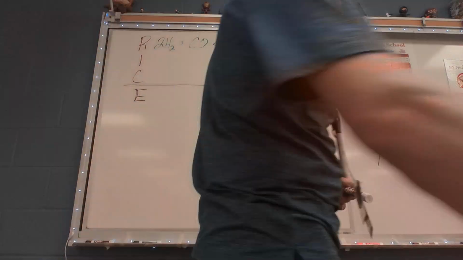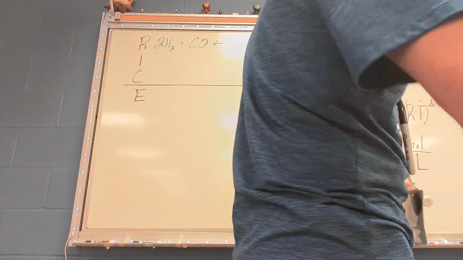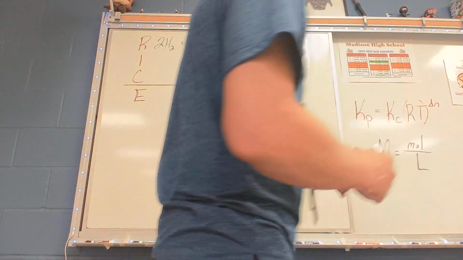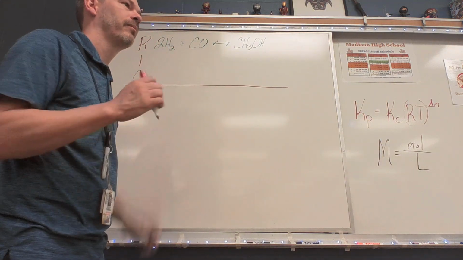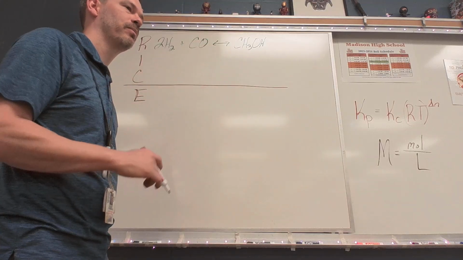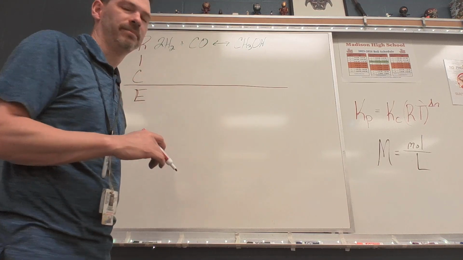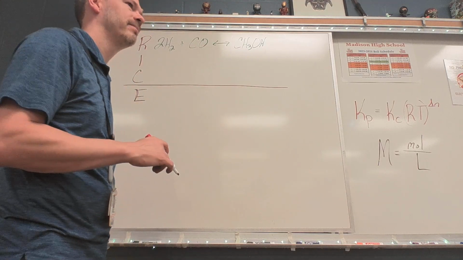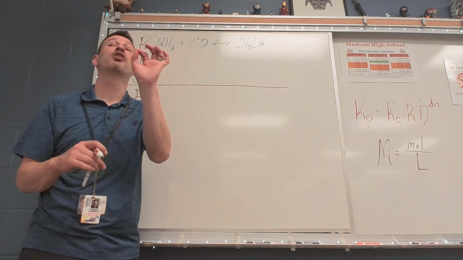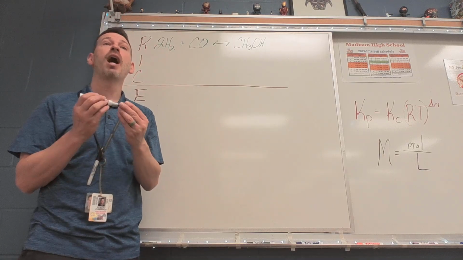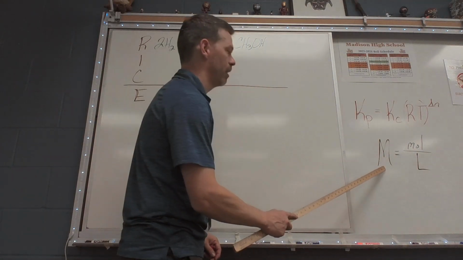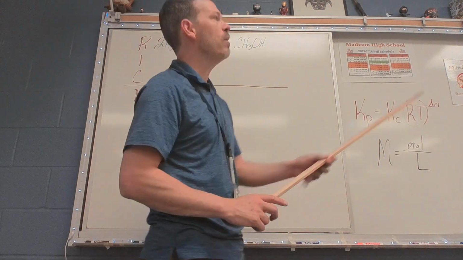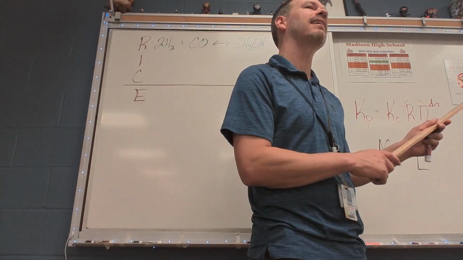Let's go over to cluster 2 and talk to seat 5. Hey, 2-5, what does I stand for? It would be in your notes. Initial concentration. Now, concentration is the same as molarity, of course. And you'll notice that this doesn't give us that.